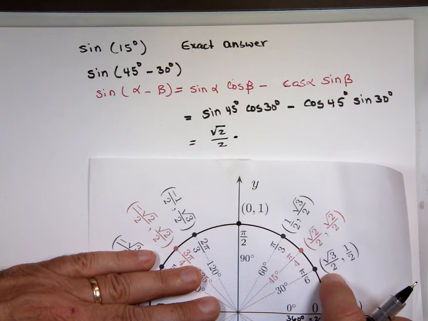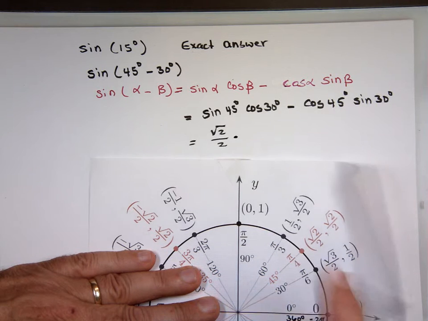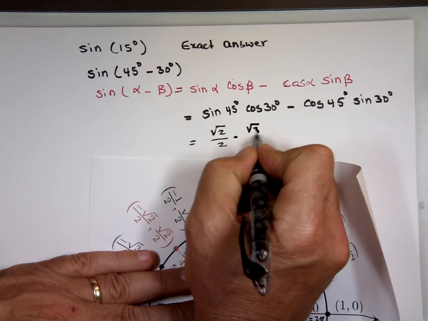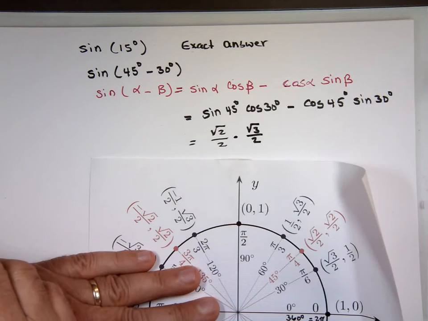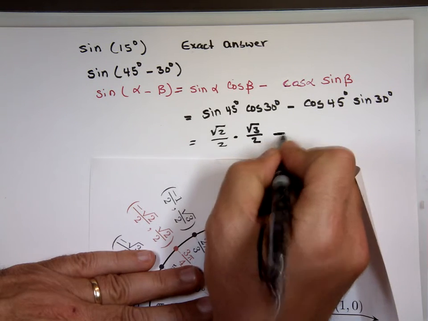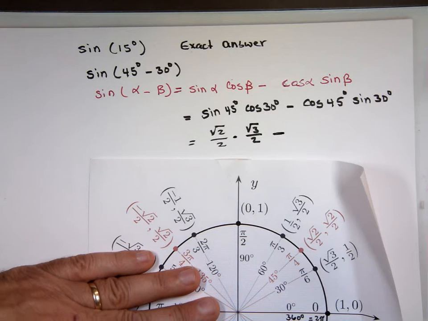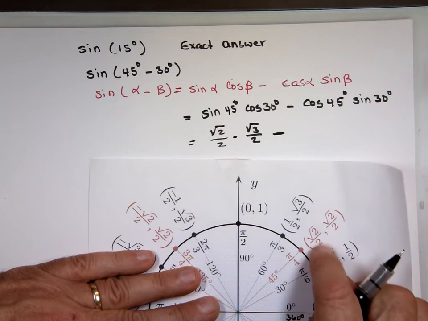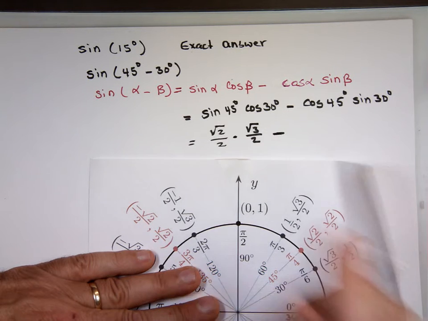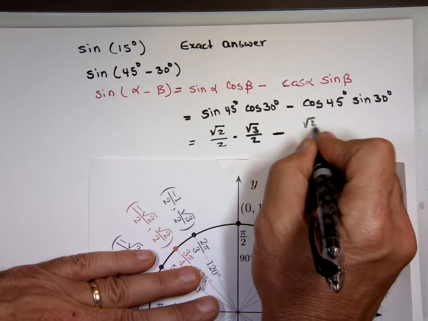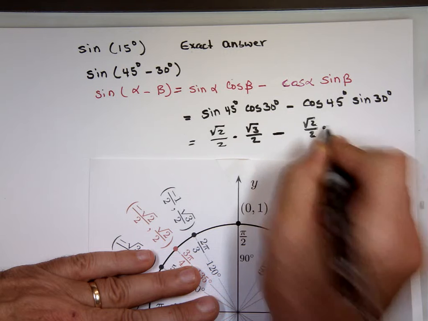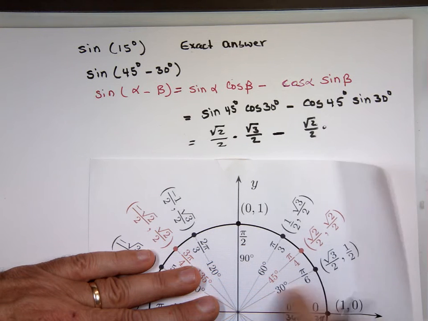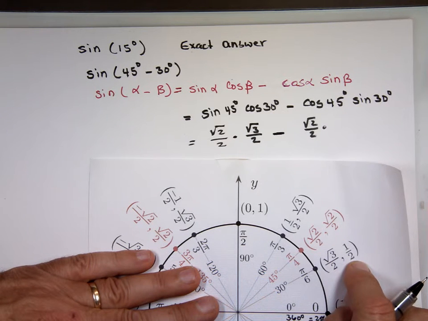Cosine is the first number. The square root of 3 over 2. Minus the cosine of 45. This is the 45. The cosine is the first number. The sine of 30, which is what? The second number, a half.